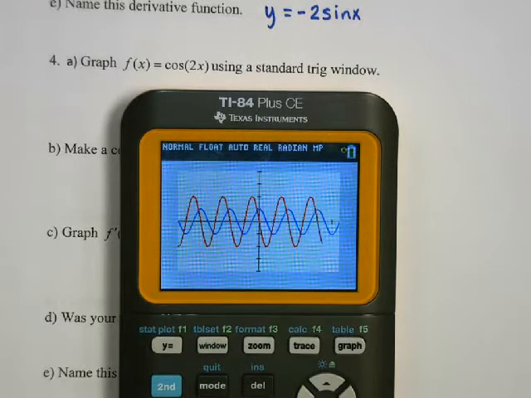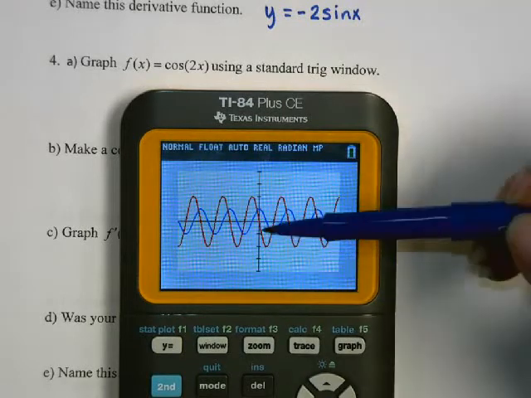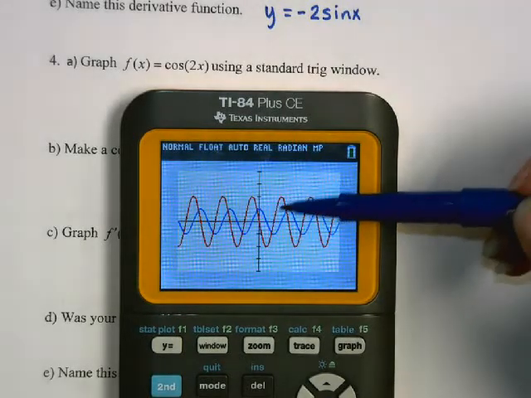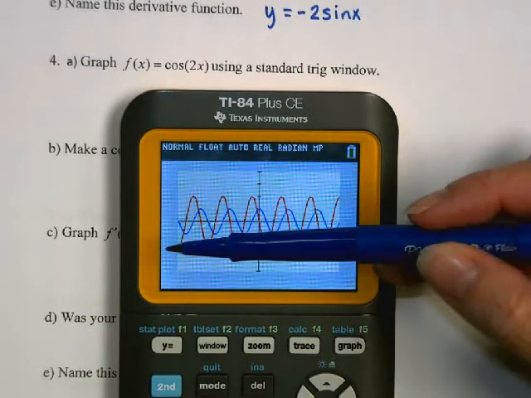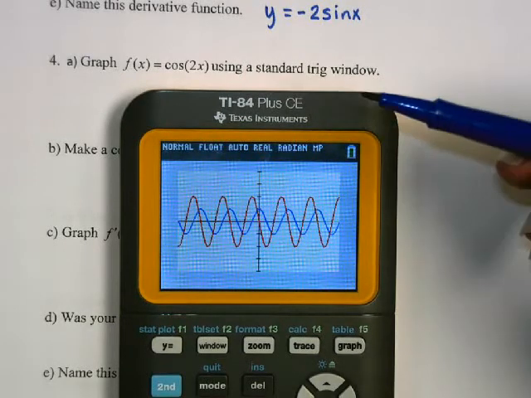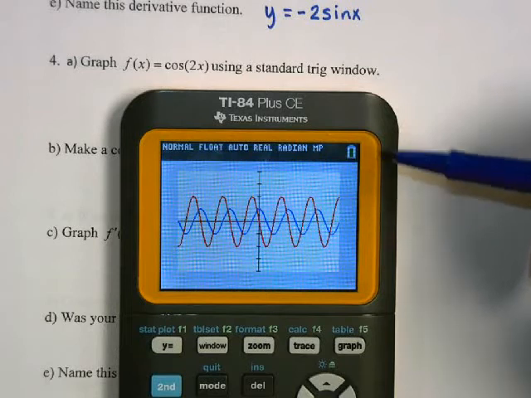If you said negative sine 2x, you are not correct. It is a negative sine, and it is a 2x. It has the same period as the blue one, but it's twice as tall.